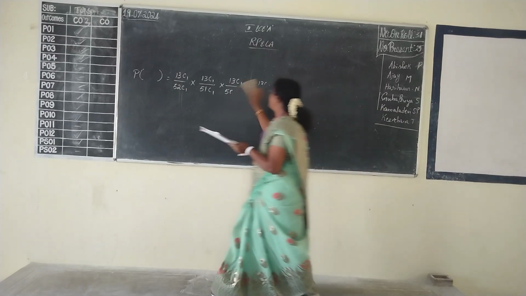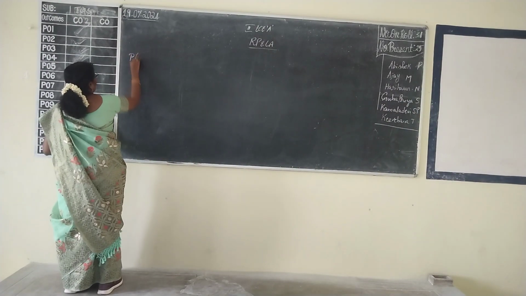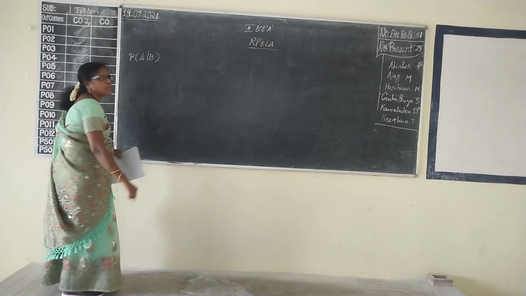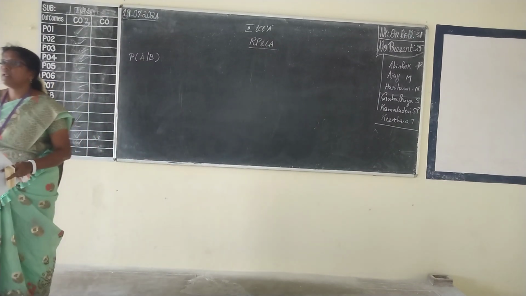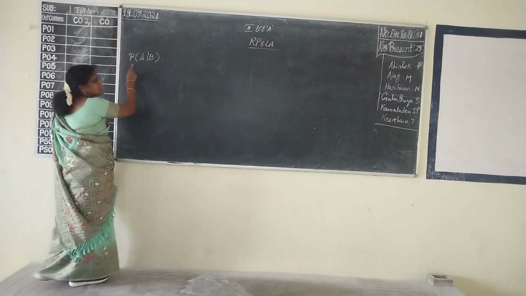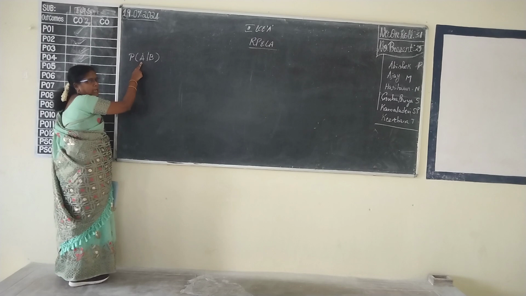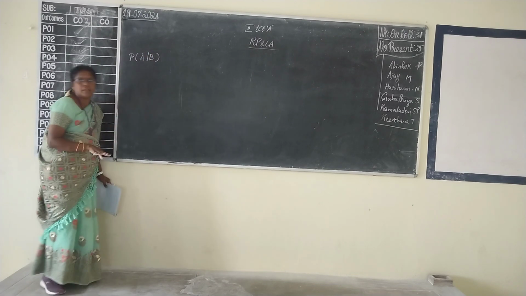It is denoted by P of A given B. Write this down. P of A given B. That line should be read as given. So the meaning of this is that we are trying to find the probability of A based on the condition that B has already happened.